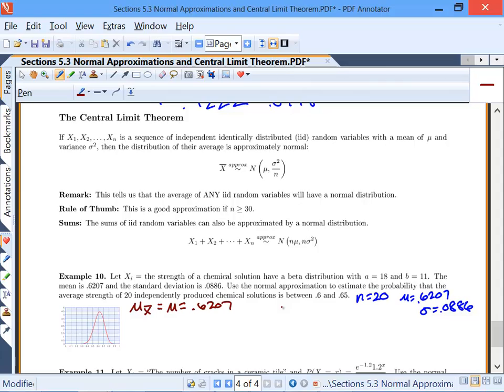And for the standard deviation, sigma for x bar is the square root of our old variance divided by n. So the square root of 0.0886 squared over 20.